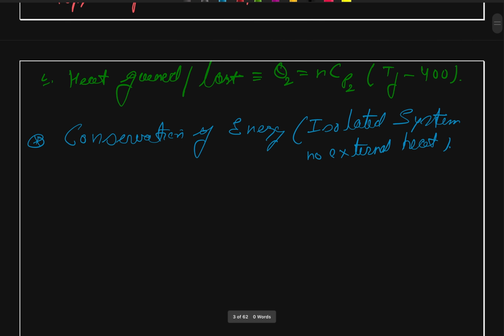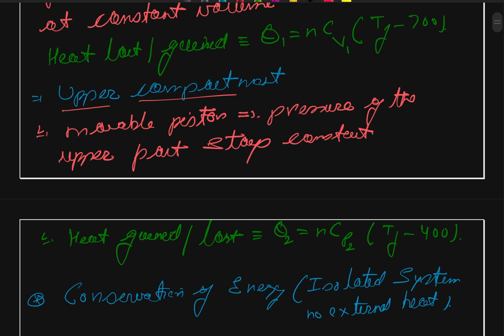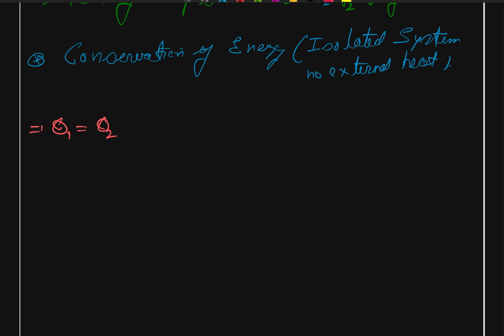Therefore, let me write this as our N1 and this is our N2. Okay. So we can say that our Q1 is equal to Q2, which gives us our N1 CV1, and we have this as our 700 minus TF, because this will be 700 minus TF.